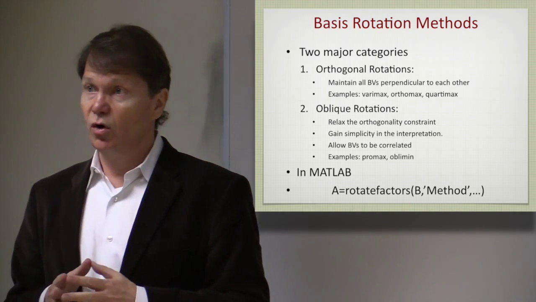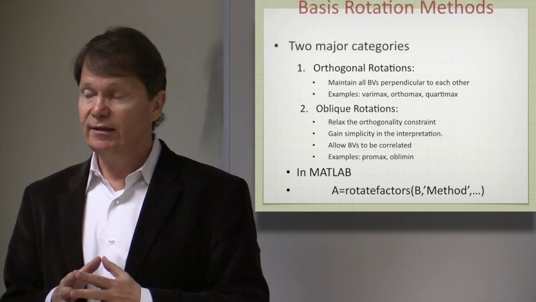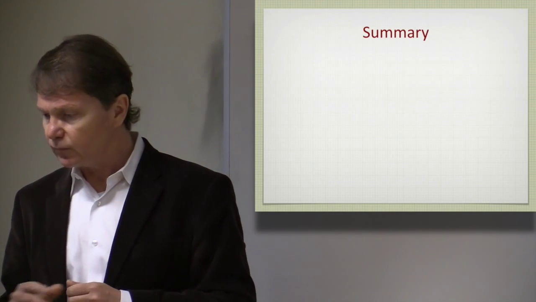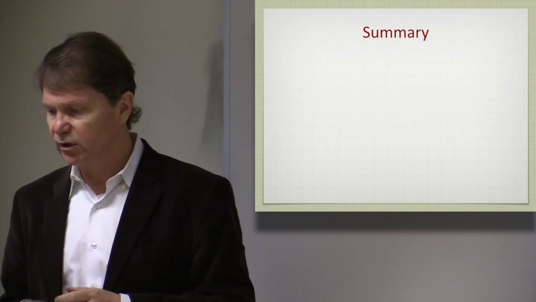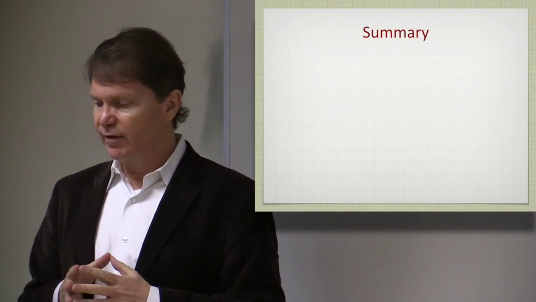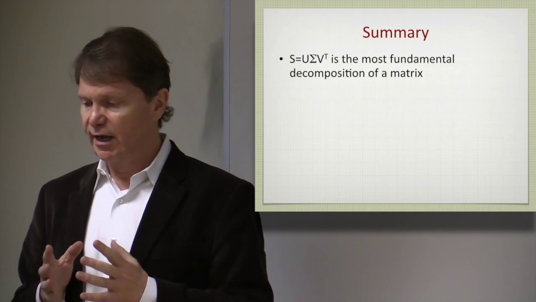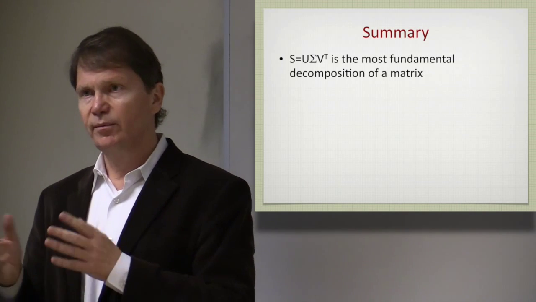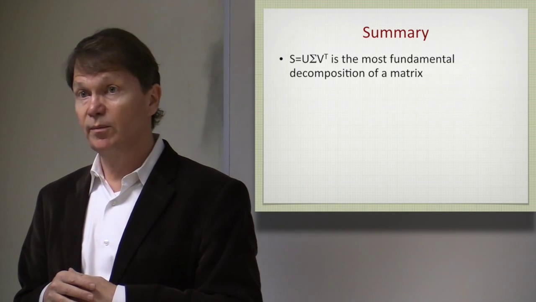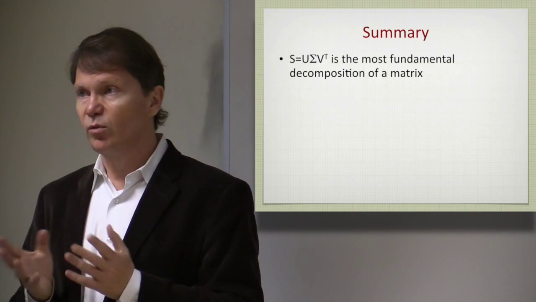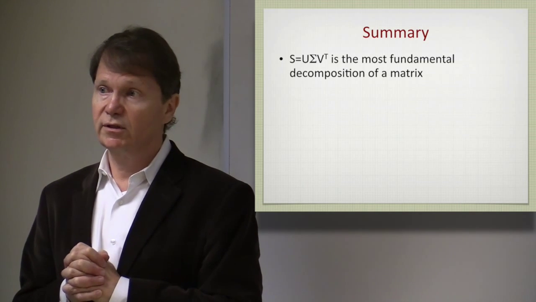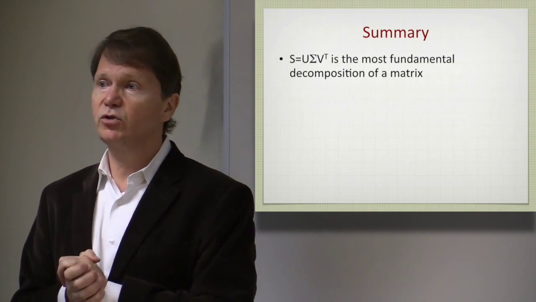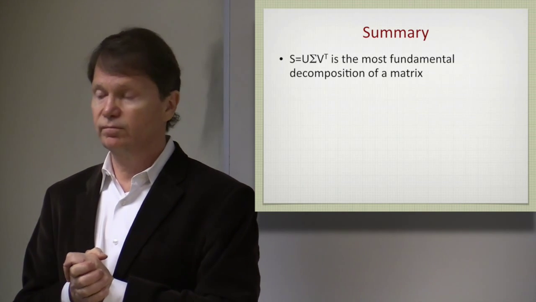All right, so that brings us to the end of the lecture. Let me go through a few summary bullet points here. The singular value decomposition takes any matrix, in our case S, and breaks it into these three matrices with the properties that I mentioned. It is the most fundamental decomposition of a matrix. It basically teaches you everything there is to know about that linear transformation.